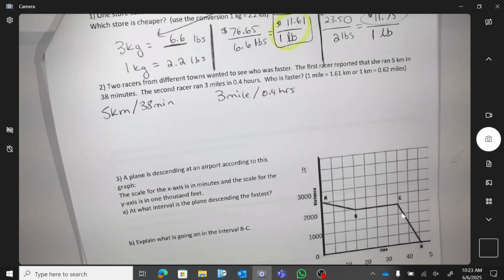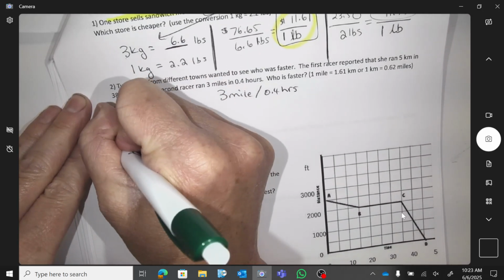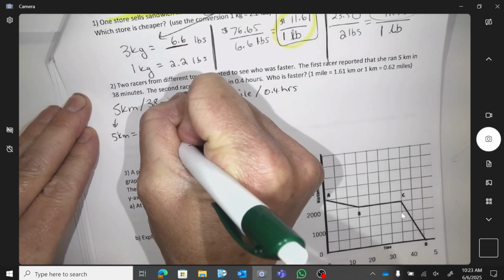We got every mix of units going on. So the kilometer mile thing, we want to get them both to be the same. So just pick, what do you want to do this whole problem with? Do we want to go everything kilometers or everything miles? Miles, okay. So I'm going to grab 5 kilometers and switch it to miles.